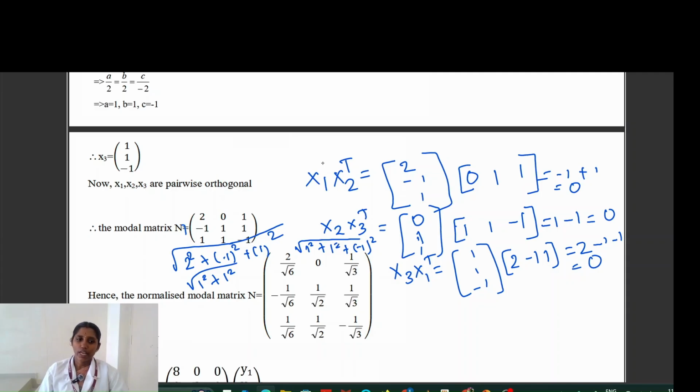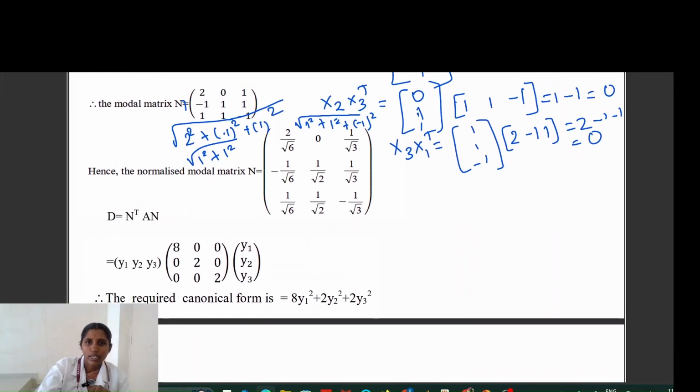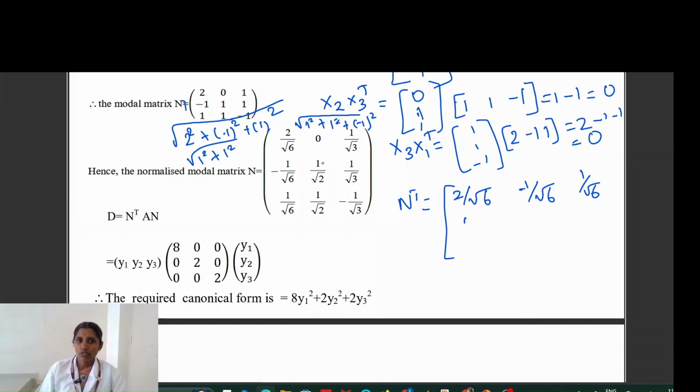Then we have to find the diagonalized matrix D. The formula for finding the diagonalized matrix is N transpose A N. Already we know what is meant by N transpose: interchanging rows and columns. So 2 by root 6, minus 1 by root 6, 1 by root 6. Second row 0, 1 by root 2, 1 by root 2.